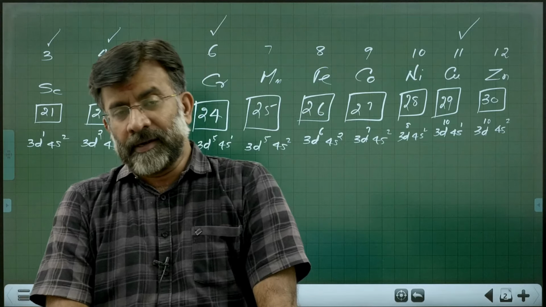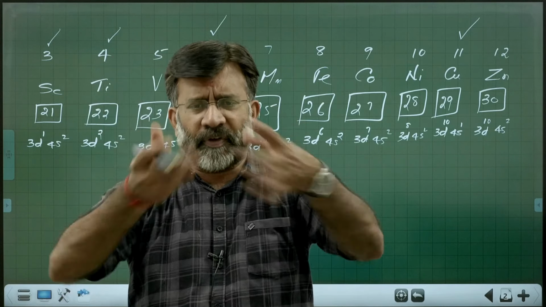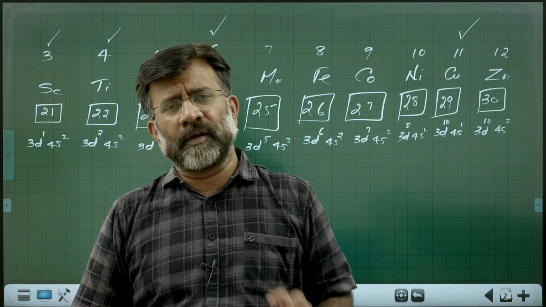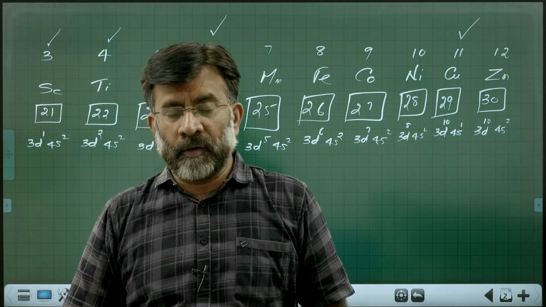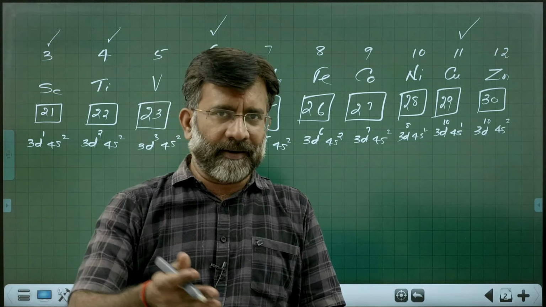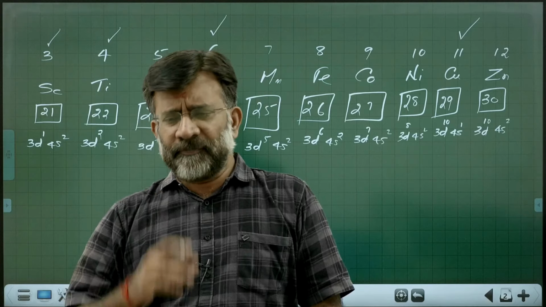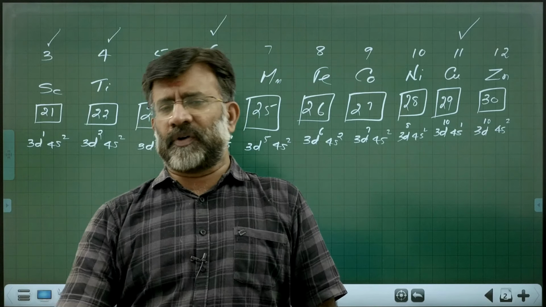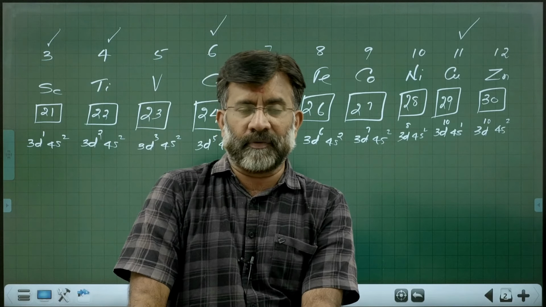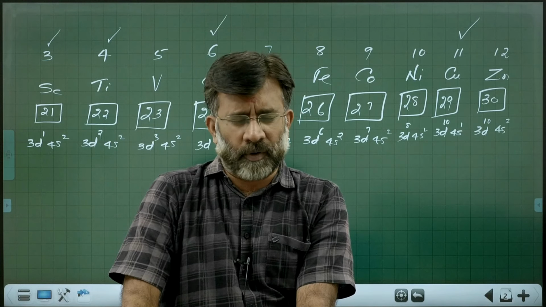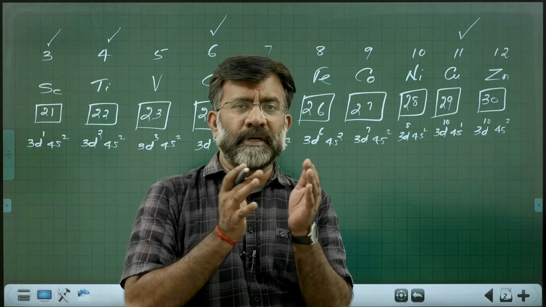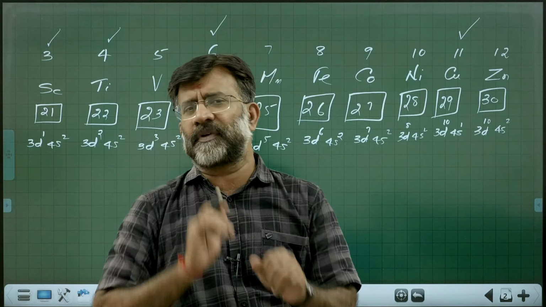In fact, d and f block elements are full of exceptions. There are a lot of elements which actually give a different configuration than what we expect based on the Aufbau principle. As I said earlier, palladium. Different elements give a variety of oxidation states and variations in their electronic configuration, not only in the d block, f block also, just because these orbitals have only a slight difference in their energy.